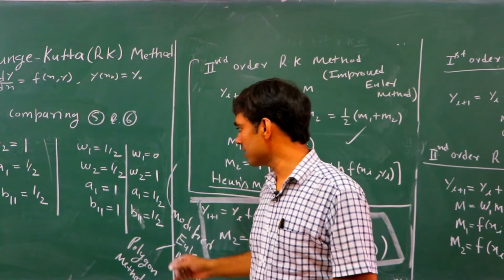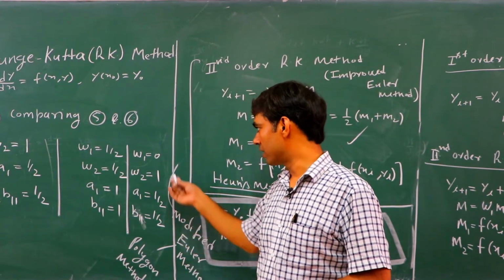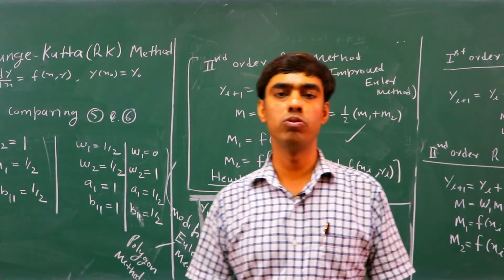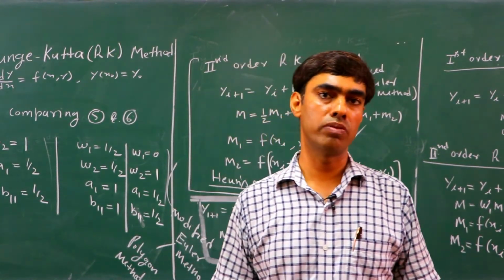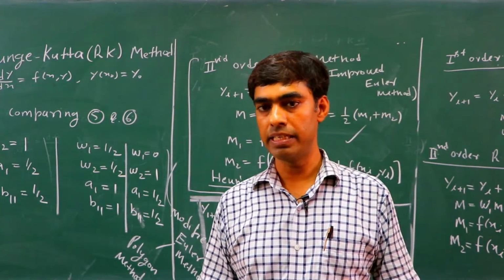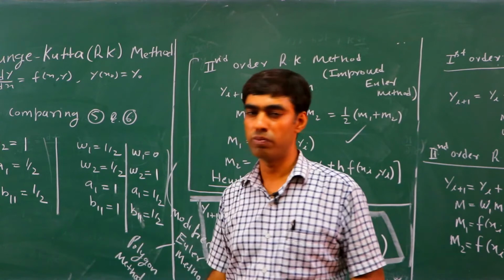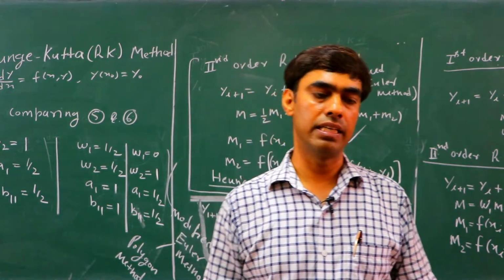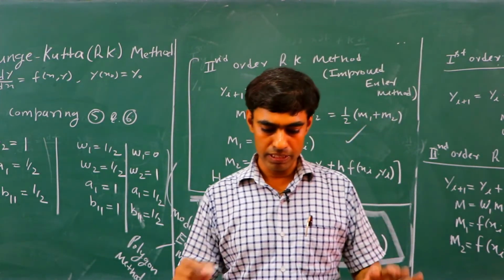Ralston chose different values of W1 and W2, W1 equal to 2 by 3 and W2 equal to 1 by 3. In this way he found the values of A1 and B11 so that there is a minimum truncation error.